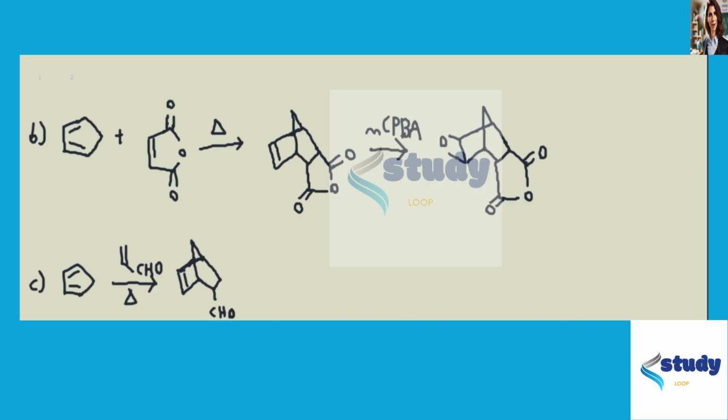Okay. And so now we need to reduce the double bond. And so we can do that with excess hydrogen gas and a palladium catalyst, so palladium on carbon. And so that is going to reduce our double bond.